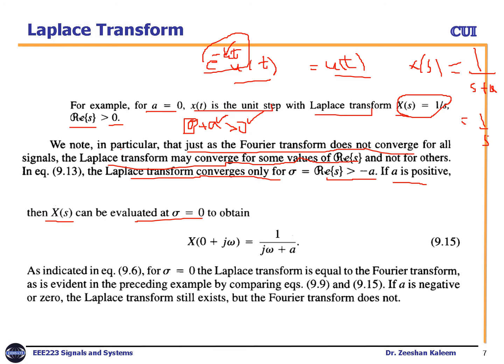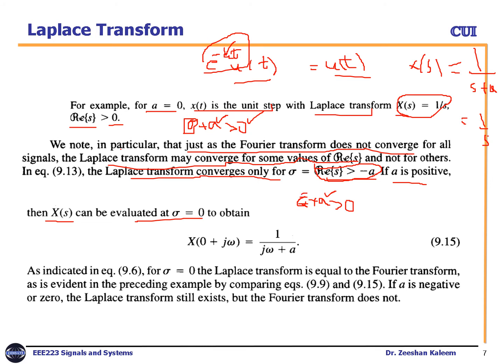Previously we saw that the real of s should be greater than minus a. So a positive means that sigma plus a should be greater than 0.